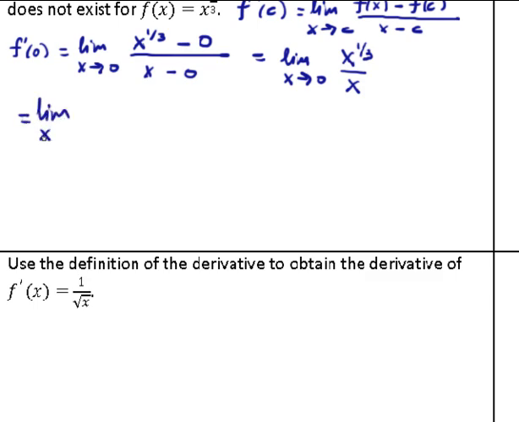And just simplify that. Limit as x goes to 0, x to the 1/3 over x. So let's write that as x to the minus 2/3, or 1 over x to the 2/3.